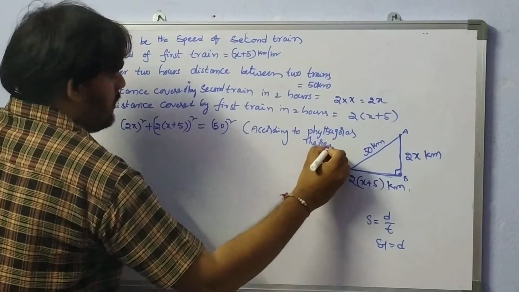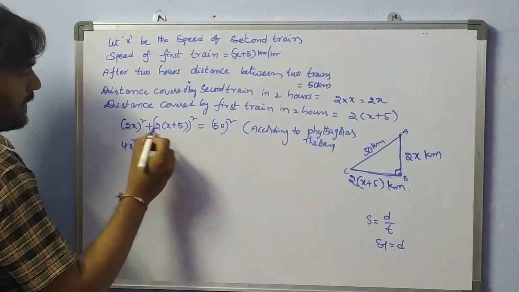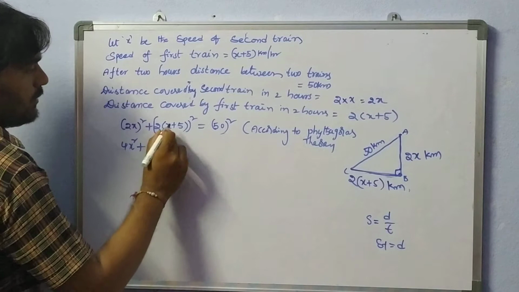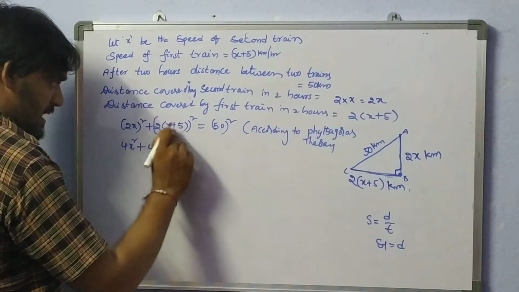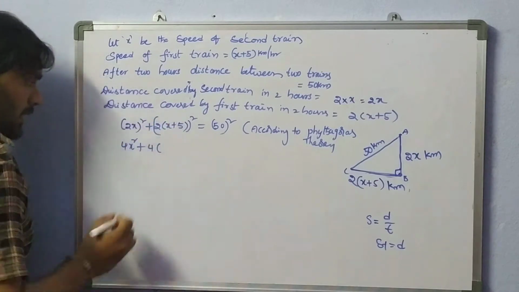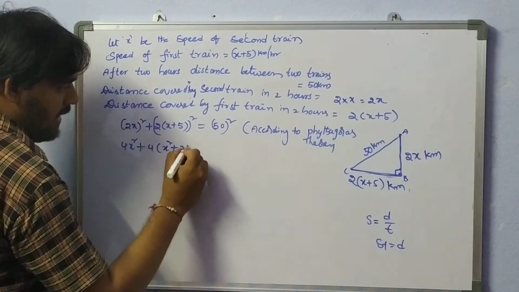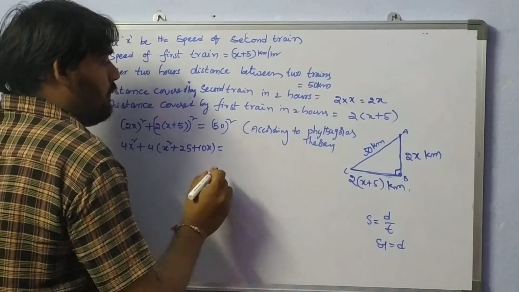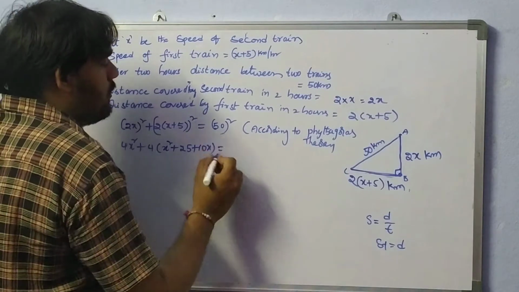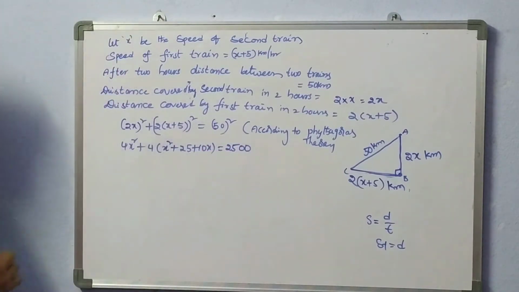Pythagoras theorem. Now 2x whole square, you will get 4x square plus 4 into 2 into x plus 5 whole square, 4 into a plus b whole square. This number will be, now x square plus 25 plus 10x is equal to 50 into 50, 5 into 5, 25. So 2500.